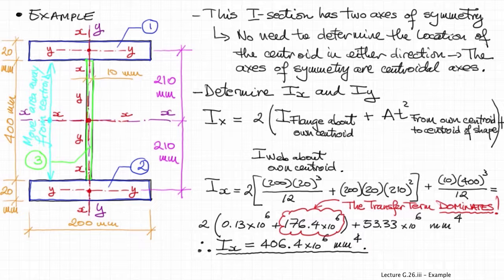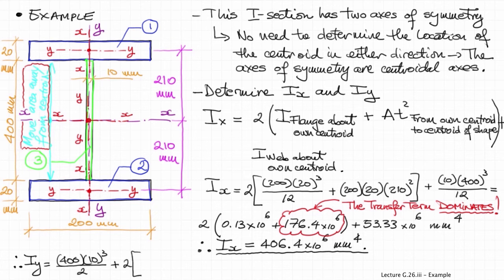The farther you push away, the larger the transfer term will be, and therefore the larger the resulting moment of inertia. That's why this shape, the I shape, is a very commonly used shape in structural and mechanical engineering, just for this reason.